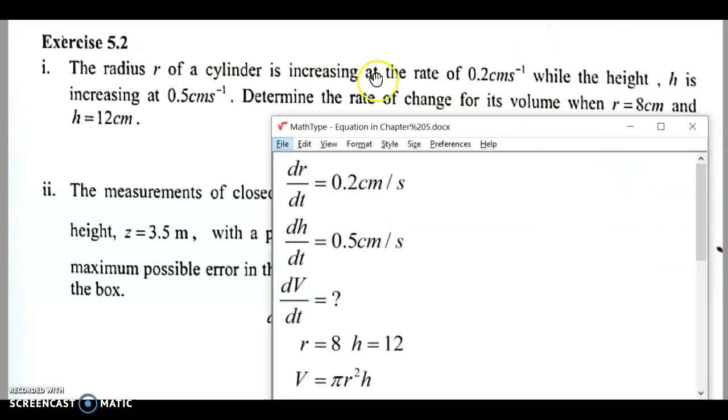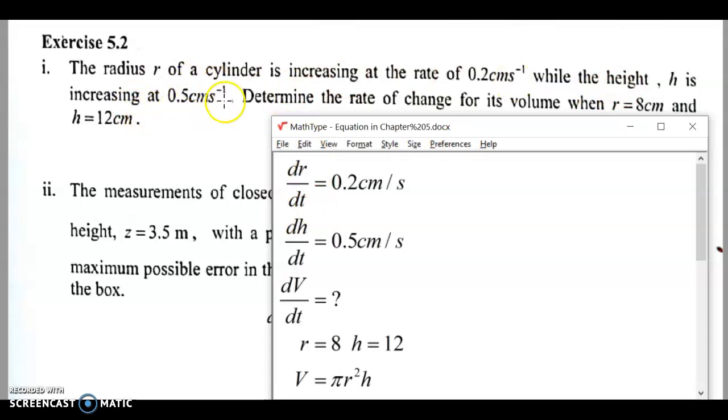First, of course, we are going to extract all of the available information so that it will be easier for us to solve it later. So we have 0.2 here. It talks about the radius at the rate of 0.2 centimeter per second. Centimeter here is the radius and second here is the time, so that is dr/dt, and h here is increasing at 0.5 centimeter per second.